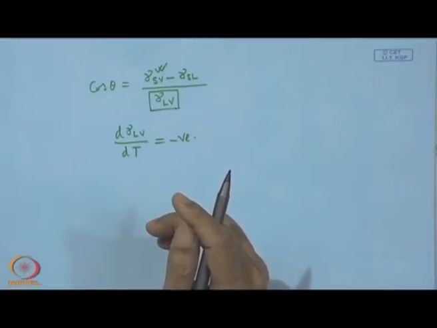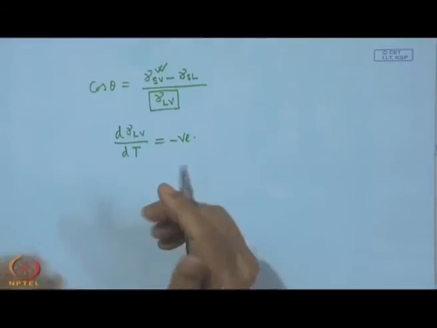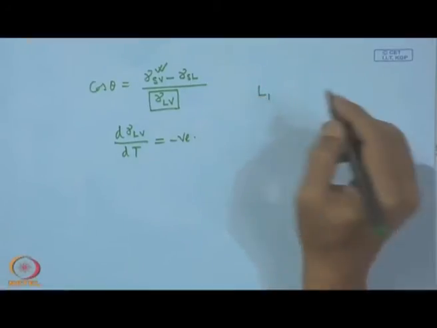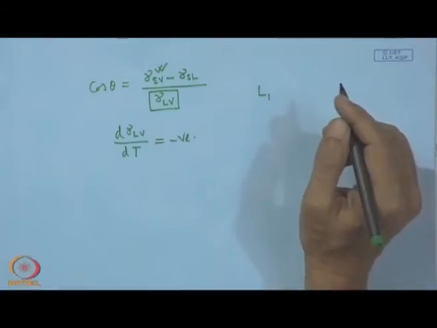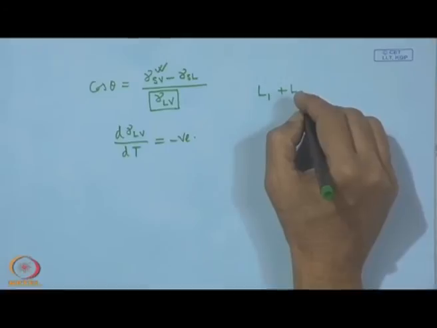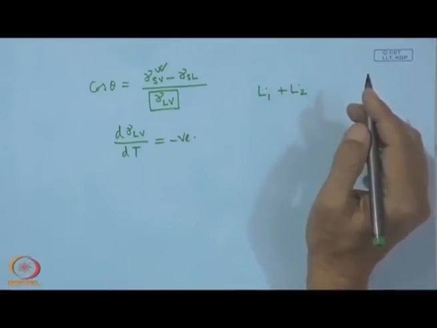Now, surface tension of liquid solution. If we have one liquid L1, we can add another liquid L2 in certain proportion. Of course, these two are totally miscible.